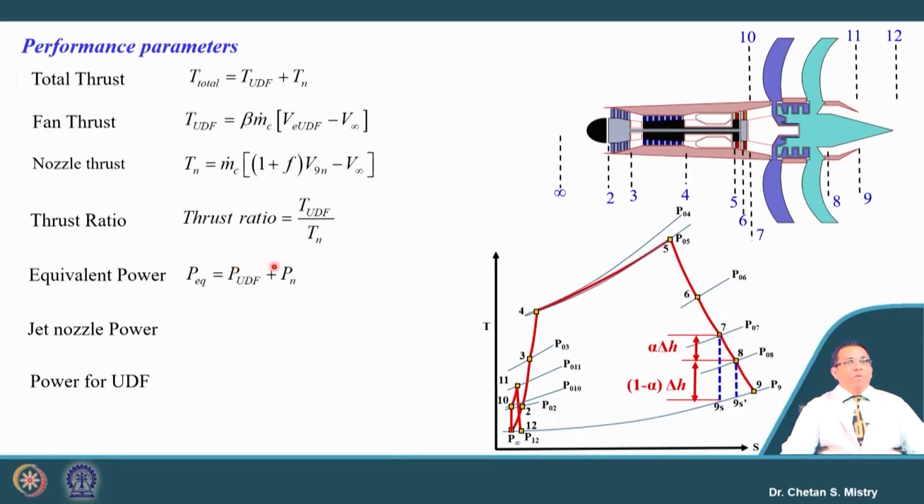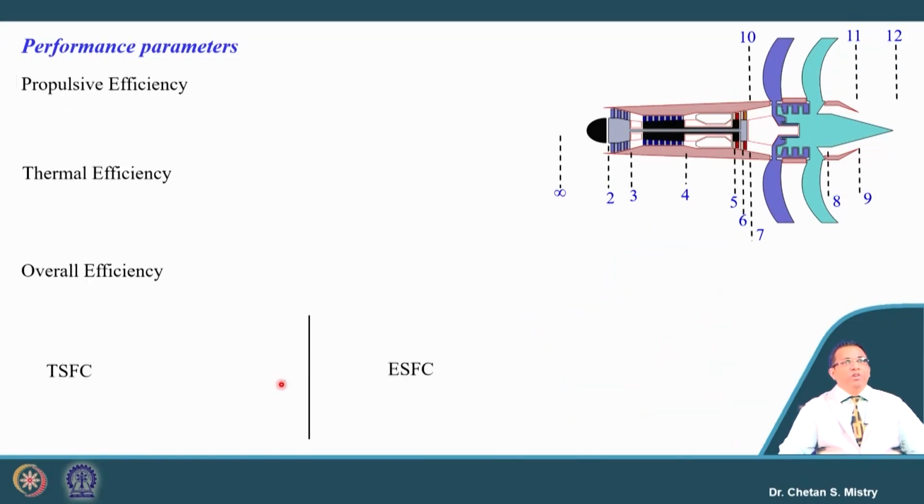That equivalent power is given by the power to be consumed by the unducted fan plus the power generated by the nozzle, and this jet nozzle power is T into V infinity, and the unducted fan power we can write in terms of thrust into velocity.